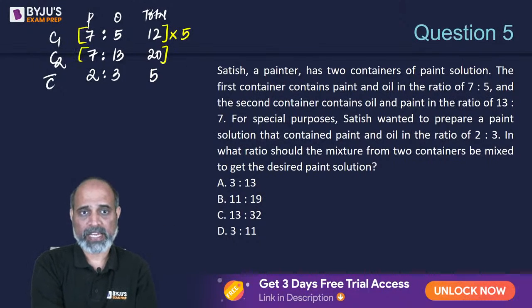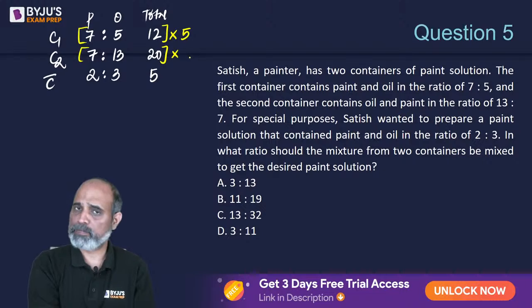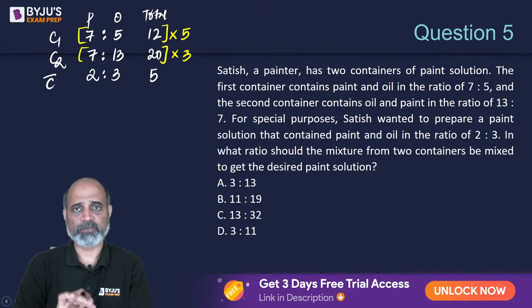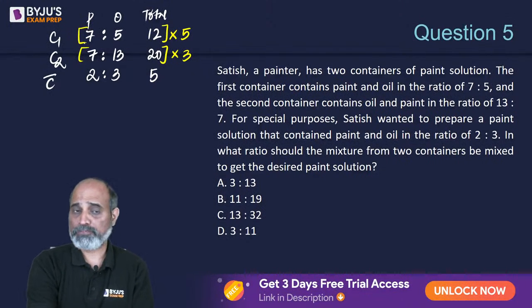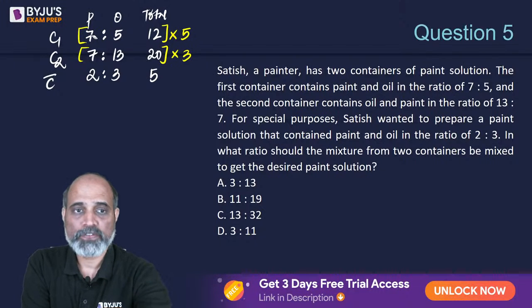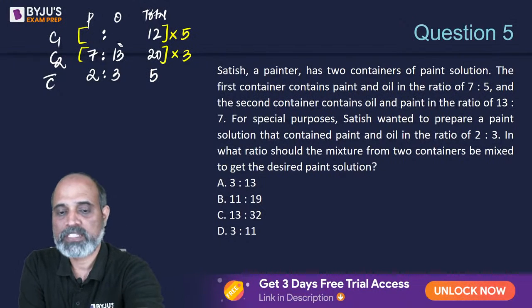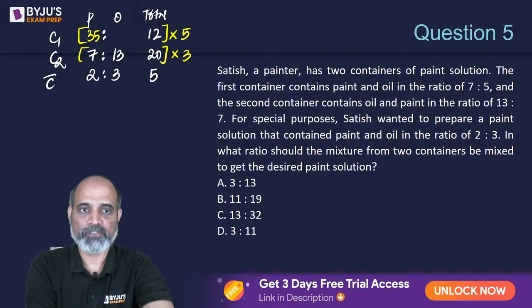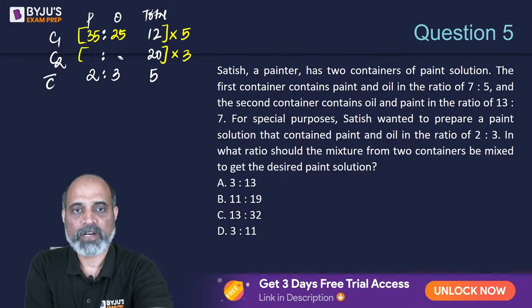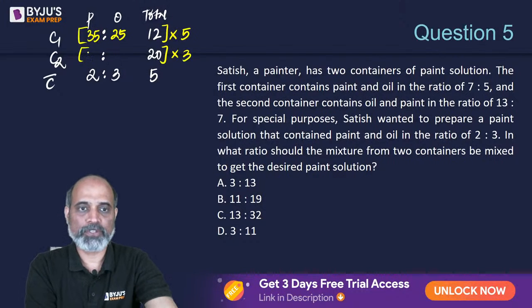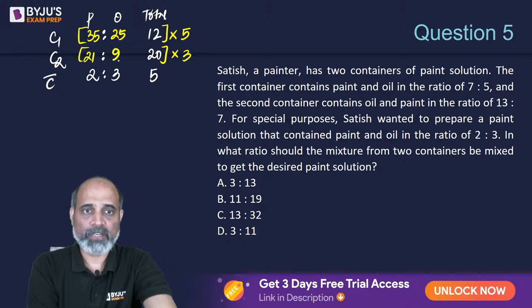Next one, 20, I'm going to multiply this by 3 so that this also becomes 60. So from the first container, instead of 7 and 5, it will become 7 into 5, 35, and 5 into 5, 25. Similarly, from the second one, it will become 7 into 3, 21, and 13 into 3, 39.